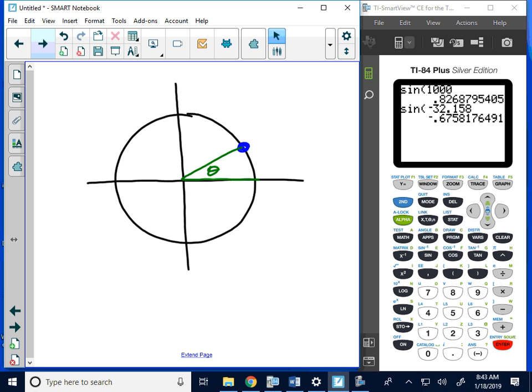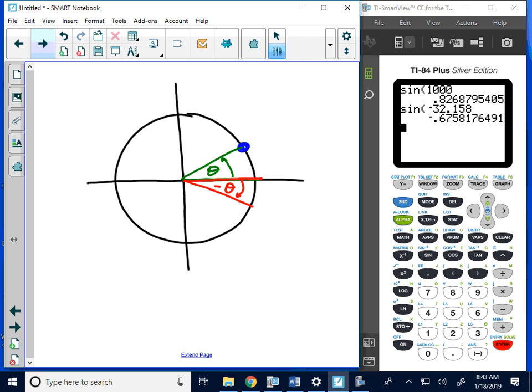Going the other way, right? Okay, so here's a positive theta, this green one. If I started here and did negative theta, I'd go the other way, yes? So that would go down like this. And this is negative theta. So negative theta goes that way, and positive theta is going this way.